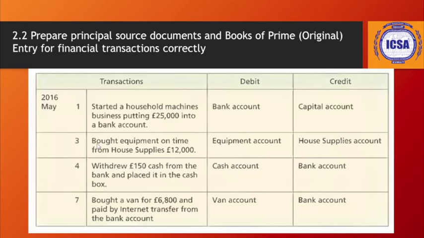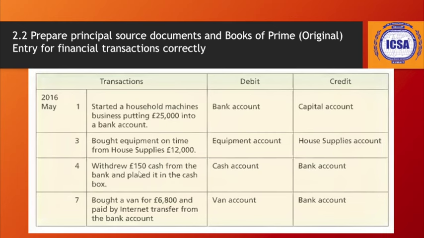Next transaction we find: bought equipment on time from House Supplies 12,000. So equipment has been purchased, so the asset of equipment has increased, that's why it is debit, and it is purchased on credit from House Supplies. So the House Supplies account is to be credit.